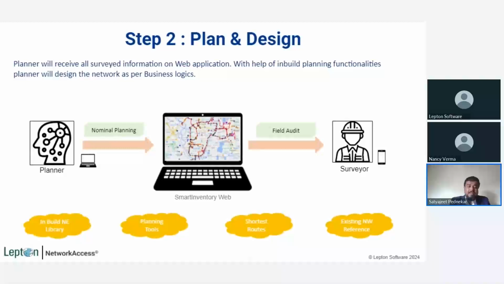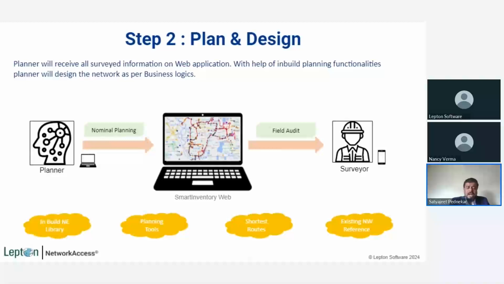What are the advantages at this stage by using Smart Inventory? Smart Inventory enables the planner to use the inbuilt network entity library. The network entity library consists of all kinds of entities you can think of in the fiber network. It could be fiber, splicer, ONT, ONU, building, location, poles; almost 30 plus different entities are available.